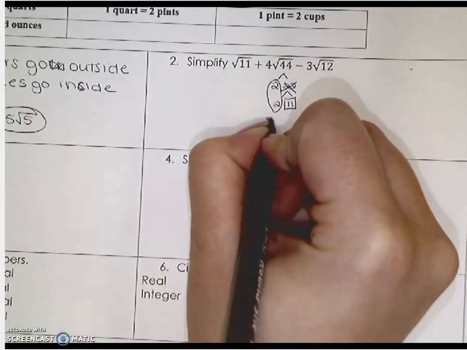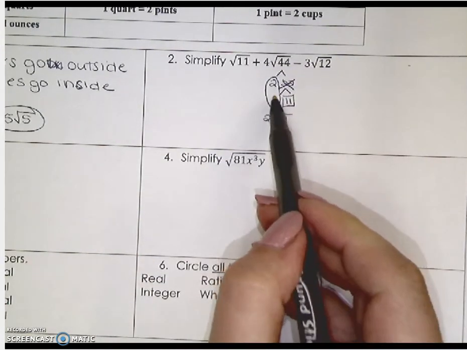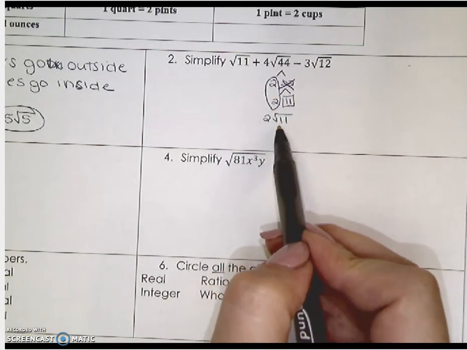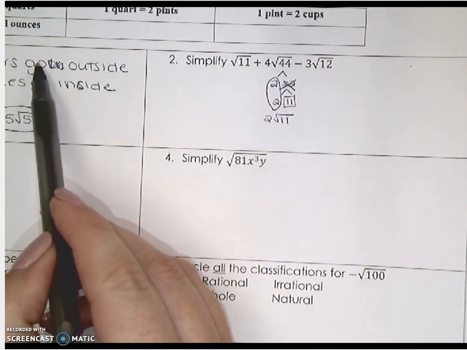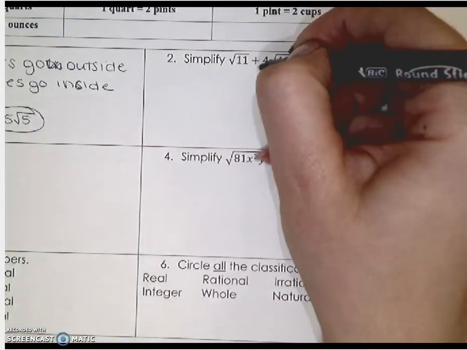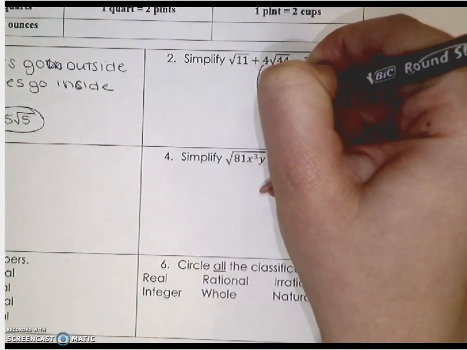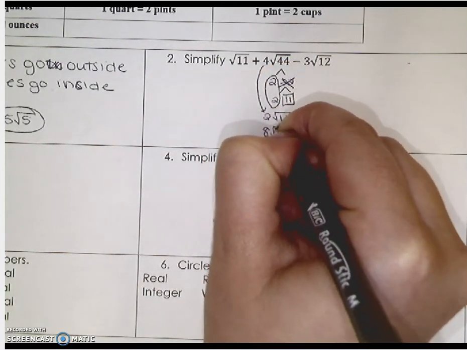So this becomes 2 square root 11. I know the 2's go on the outside and the 11 goes on the inside because for number 1, we said that whatever number is paired goes outside, whatever number is boxed goes inside. I can't forget about my coefficients. So I'm going to multiply 4 times 2 to get 8 square root of 11.